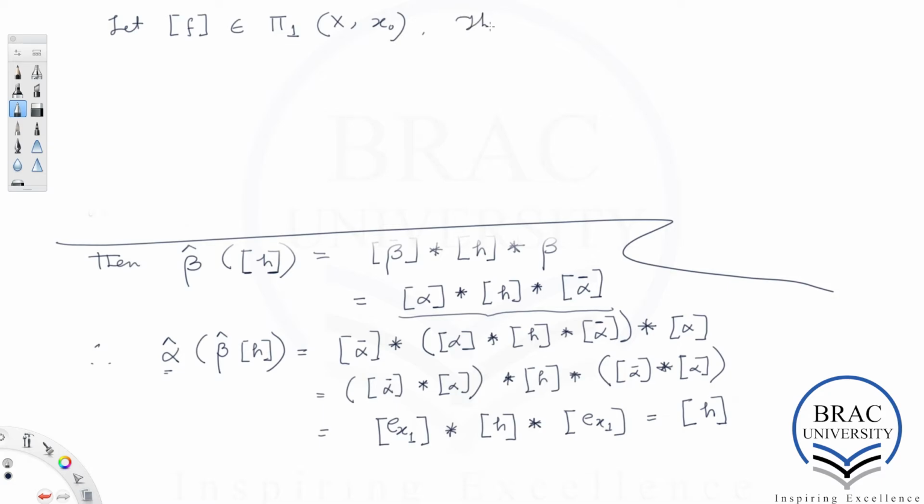Then beta hat of alpha hat of f, by the definition of beta hat, well, let me write this action of alpha hat on f to be alpha bar star f star alpha, right?